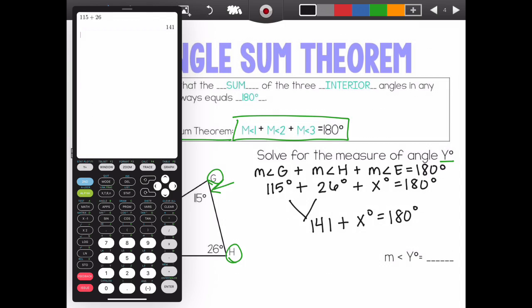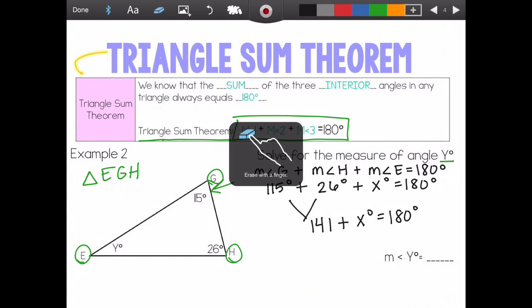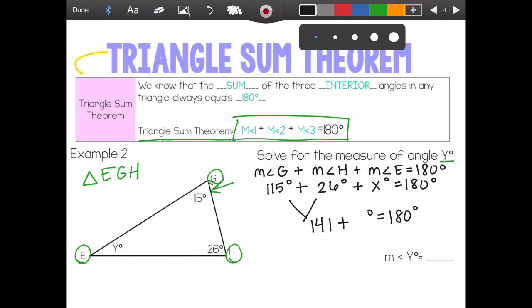Now I'm going to solve. You know what, I'm using the wrong variable. This is actually y. Sorry, guys. Now I'm going to solve for y just like any other variable. I draw my line down the equal sign.